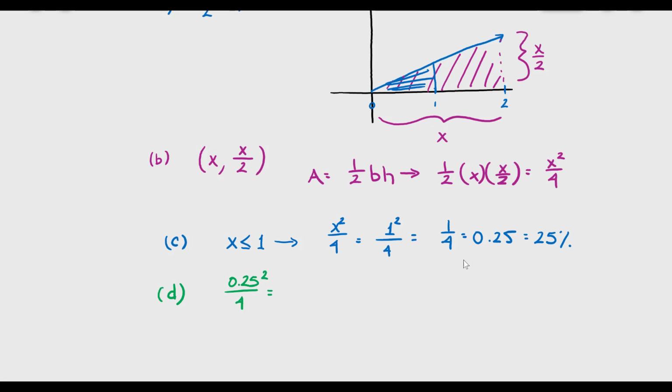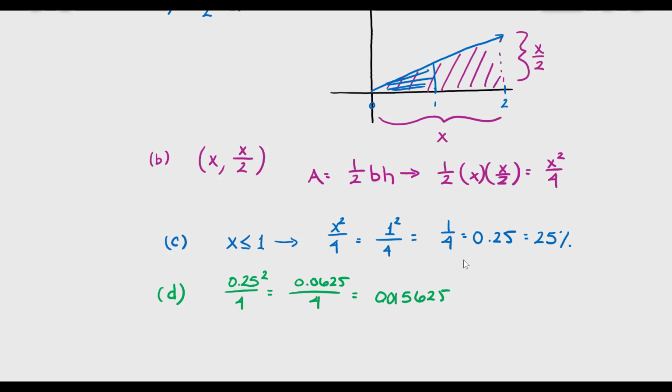It's 0.25 squared, which is 0.0625 over 4, and when we divide that by 4, we get 0.015625. There's a 0 in there, sorry.